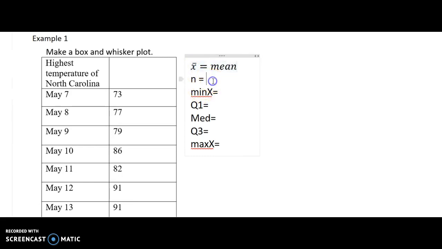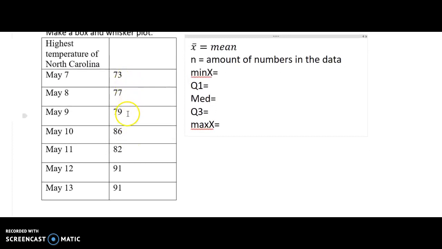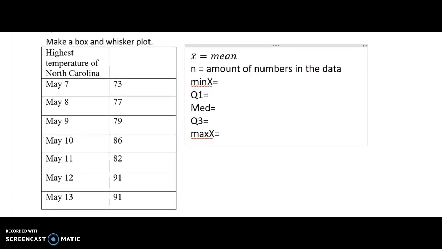So write this down. N is going to represent the amount of numbers in the data. So how many numbers are in the data? For example, in this one we would have 1, 2, 3, 4, 5, 6, 7. So N in this case would be 7. The minimum, minX, represents the minimum value in the data.